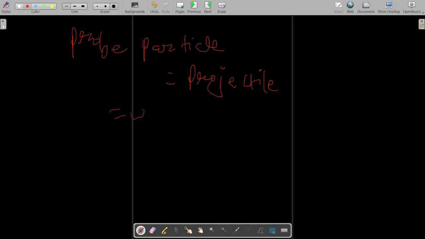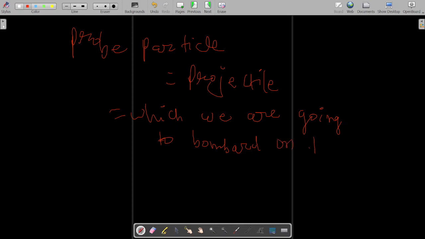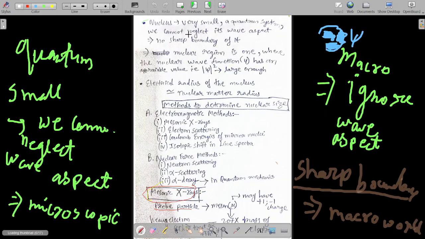Which we are going to bombard on the nucleus. So the probe particle is basically a projectile which we bombard on the nucleus of the atom.